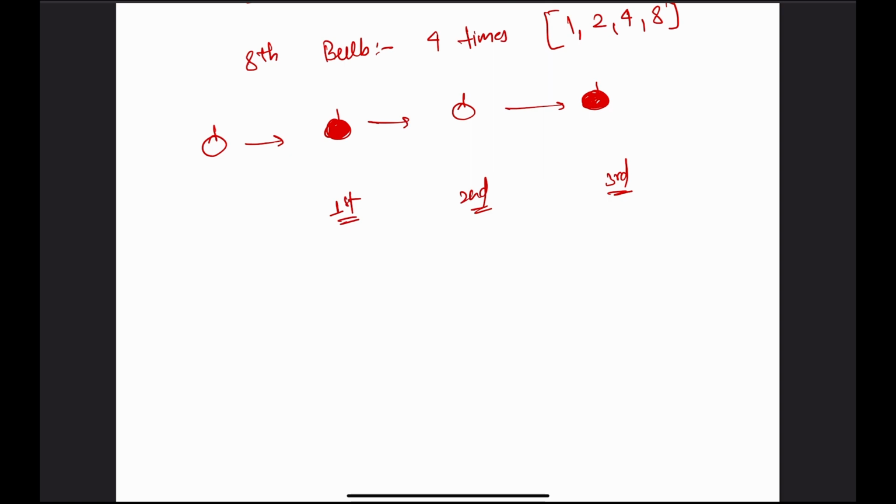What I can say is, from the initial state, if it happens an odd number of times, then it will change. Odd times, either first, third, it will change the state from initial.